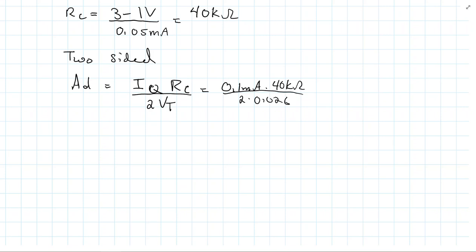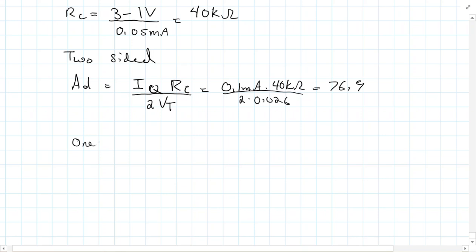And if I did my calculator correctly, I would have gotten the right answer. There we go. I get 76.9 for a two-sided.